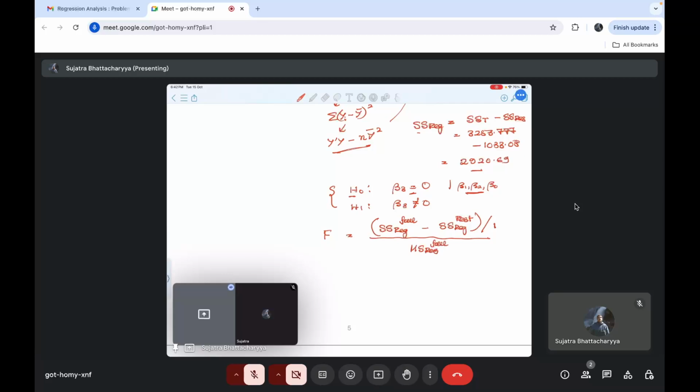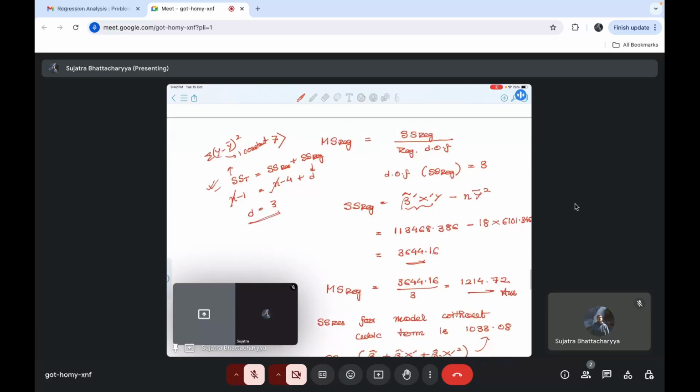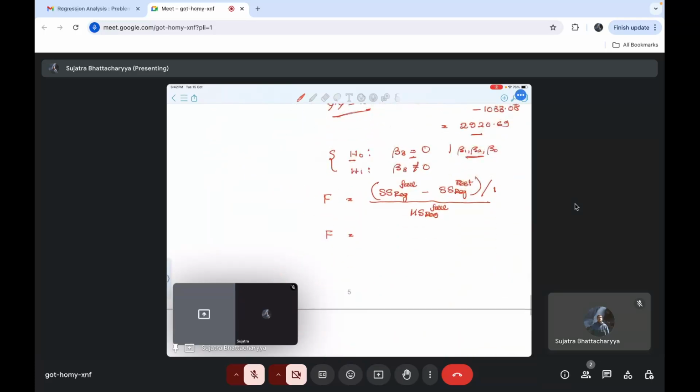So for the full model, what we have calculated is 3644.16. So this will be 3644.16 minus, for the restricted, 2920.69, divided by 1, divided by 22.12. So this F comes out to be 723.47 divided by 22.116.